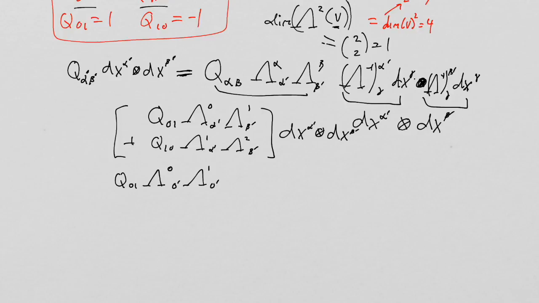Then that term would go to dx0 prime dx1 prime. And that would also be plus, I think there's a 1,0 involved as well, so there would be a q 1,0.